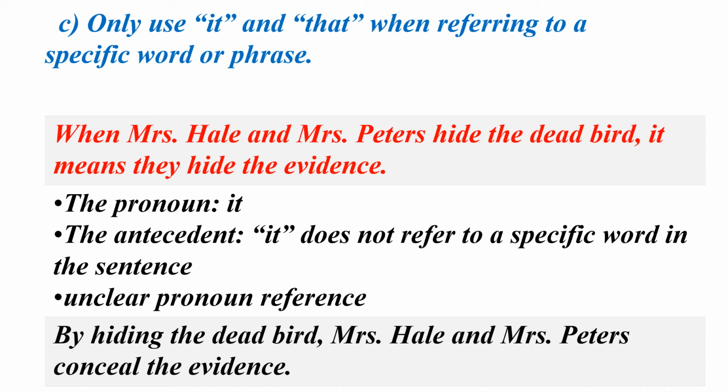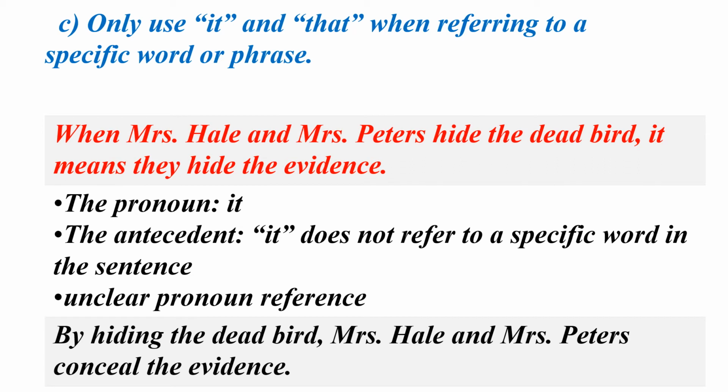Here we have more than one antecedent. Mrs. Hale, Mrs. Peters and also their action, hiding the dead bird, come before the pronoun it. So what does it mean or what does it refer to? We do not know. This type of sentence always makes the reader confused.